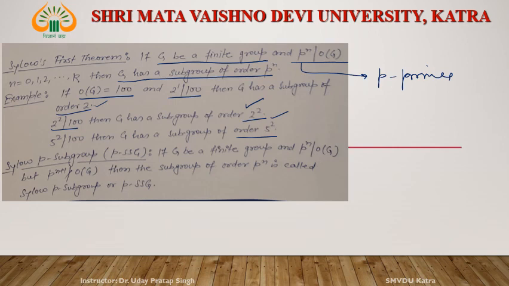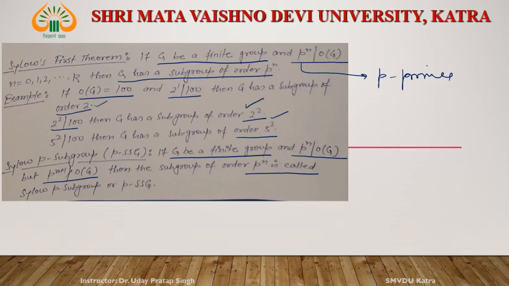What is a Sylow P subgroup? In short form, we also denote it as SSG. Sylow P subgroup is, if G is a finite group and P to the power n divides the order of G, but P to the power n plus 1 does not divide the order of G, then the subgroup of order P to the power n is called a Sylow P subgroup.